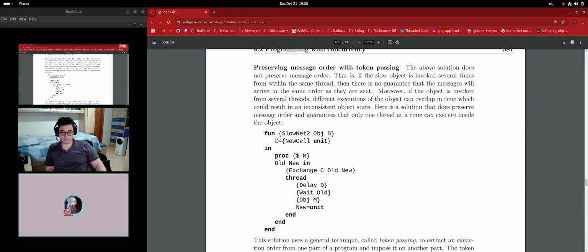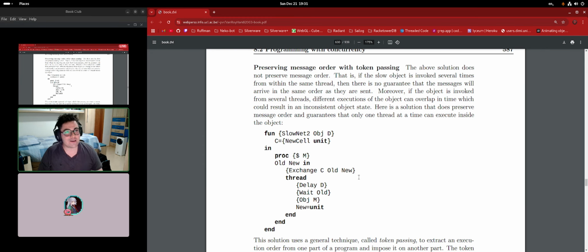But then every time you send a message to this object, which is represented by the procedure that this function returns, the first thing you do is you replace the contents of C with an unbound variable. And then you wait on the previous variable to become bound before actually sending the message to the underlying object. Ah, okay. So this is kind of like passing the baton. Yes, exactly.